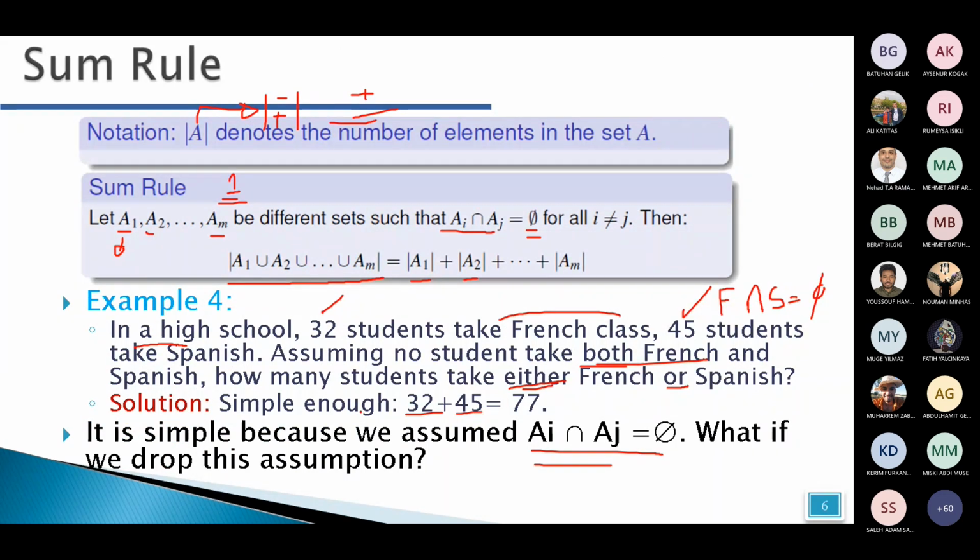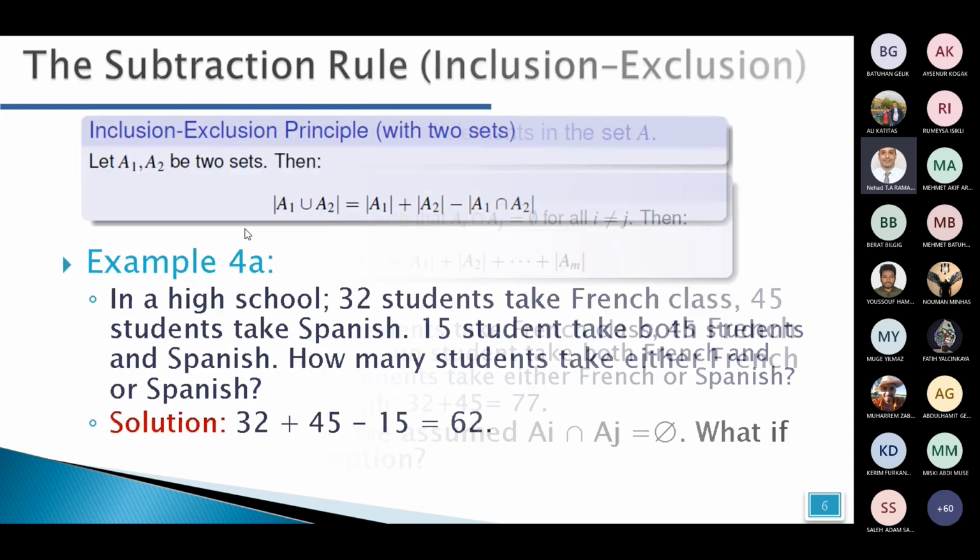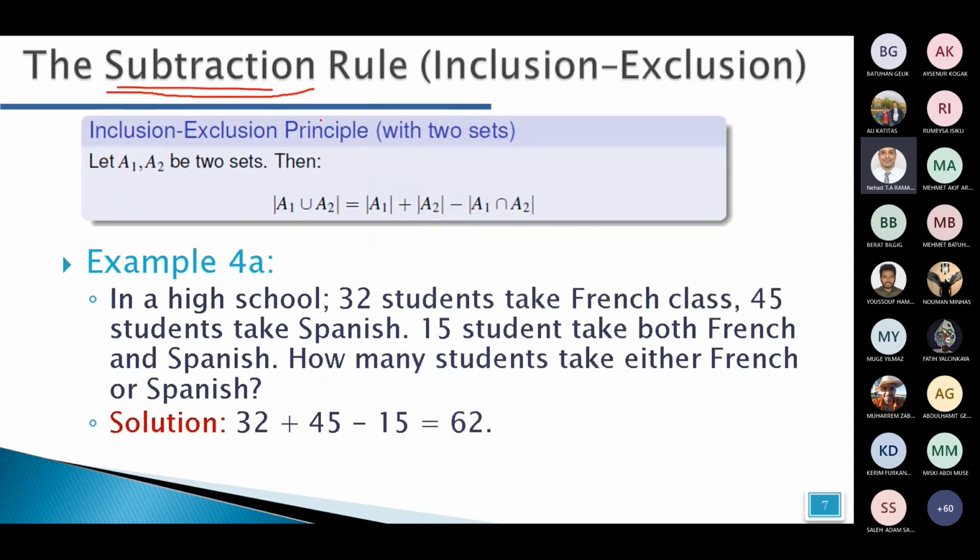You have two different groups, so how many? The summation of these two different groups. But if there is an intersection, you need to apply the subtraction rule, or we call it inclusion-exclusion.